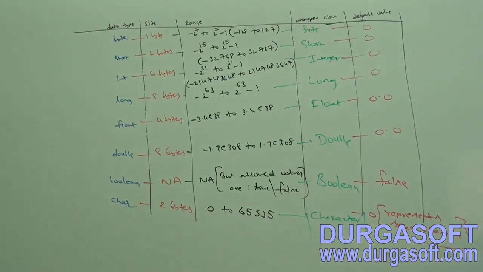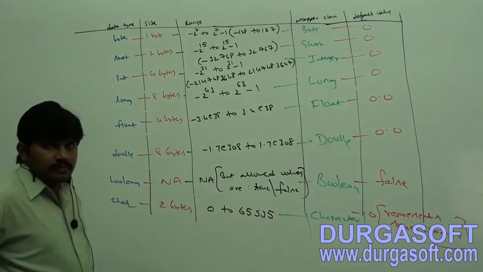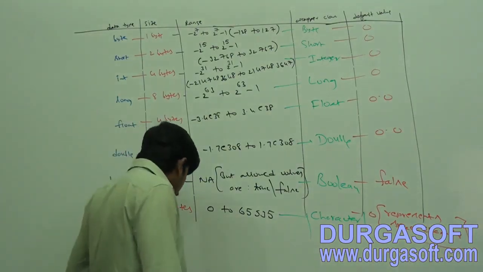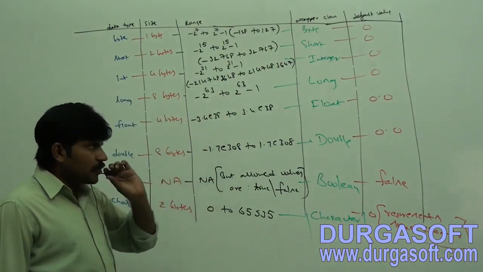Take all. Completed, right? Okay, so this is a small summary with respect to primitive data types, right?